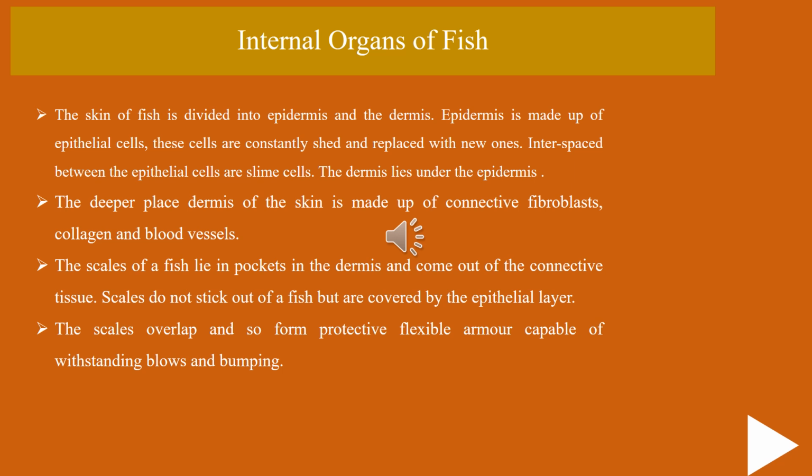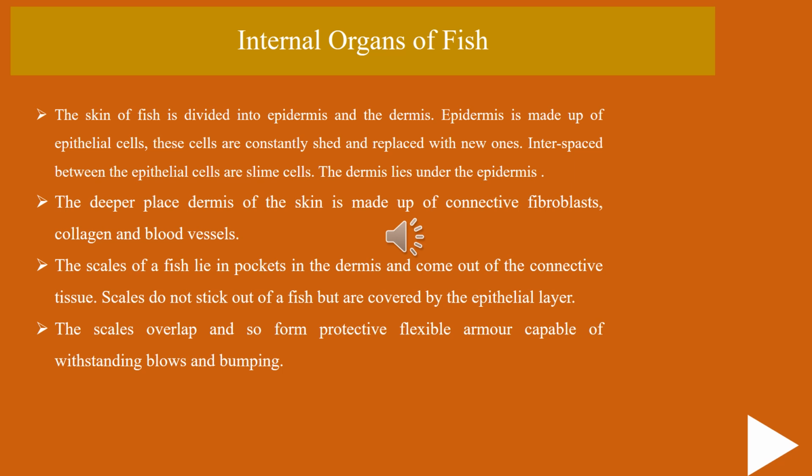The skin of fish is divided into two layers: the epidermis, which is outer layer, and the dermis. The epidermis is made of epithelial cells arranged one above the other. These cells are constantly shed and replaced with new ones.